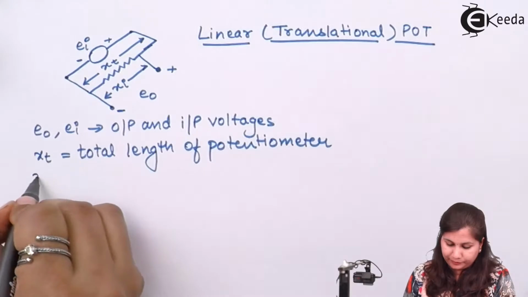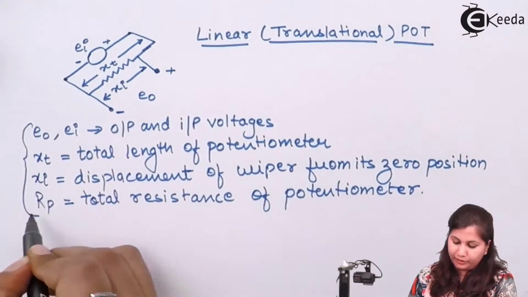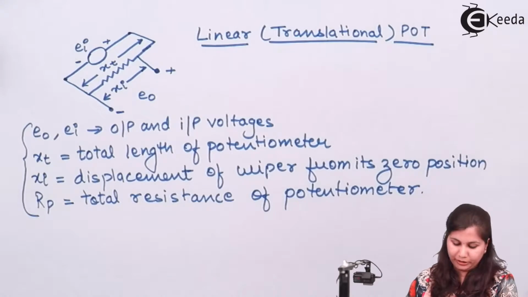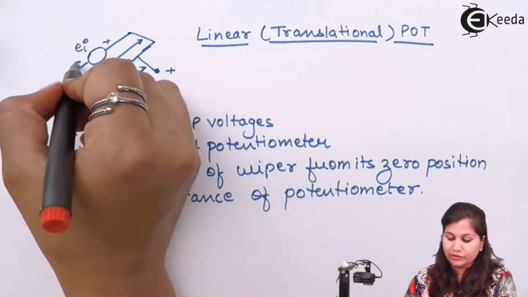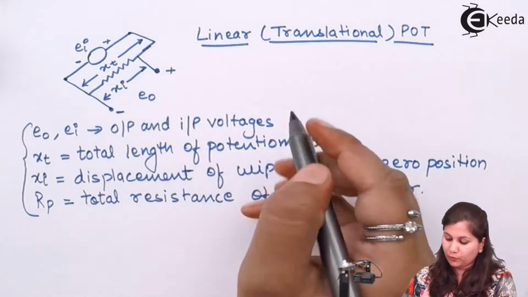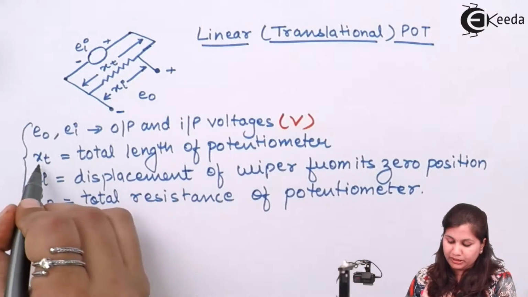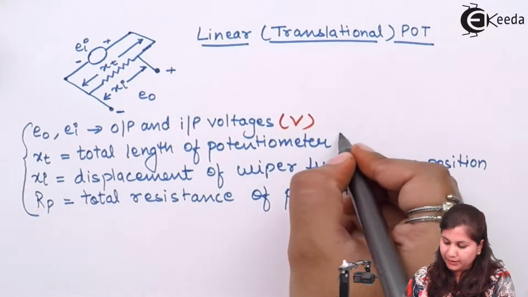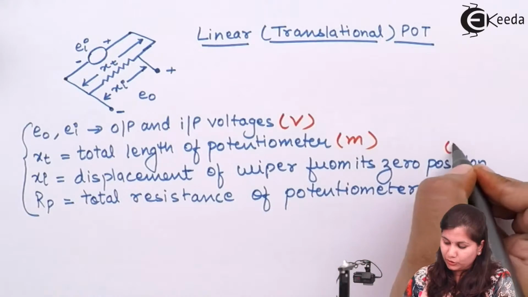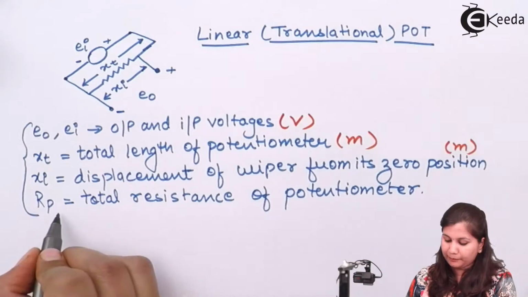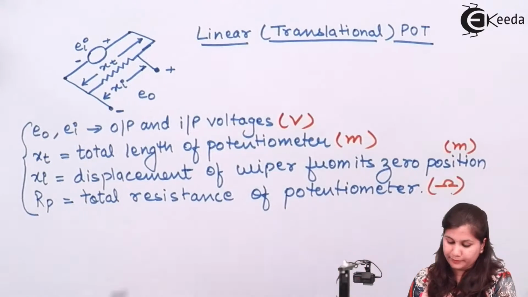So here we have defined the different variables of the potentiometer. E naught and Ei are the output and input voltages, in volts since we are considering DC voltages. The total length of the potentiometer is xt, in meters. The displacement of the wiper from its zero position, xi, is also in meters, and Rp, the total resistance of the potentiometer, is in ohms.